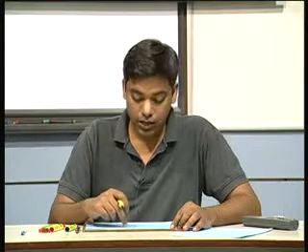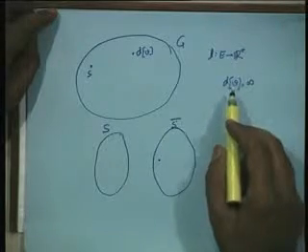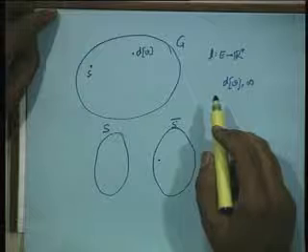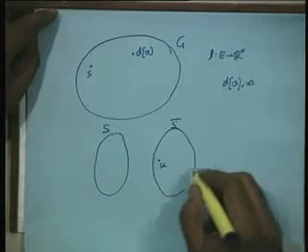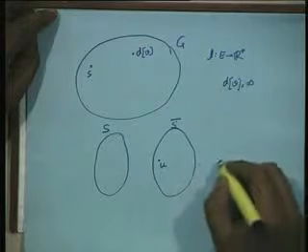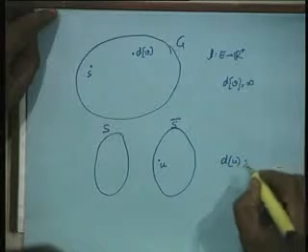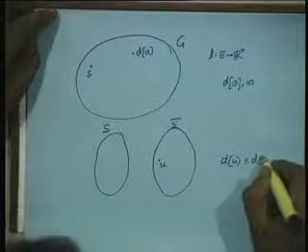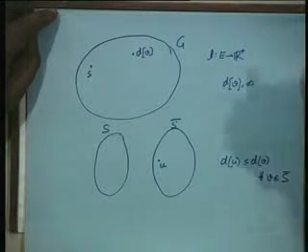So, at a particular iteration, we take the vertex for which the d v is minimum. Suppose this is the vertex u, so d u is less than or equal to d v for all v in S complement.